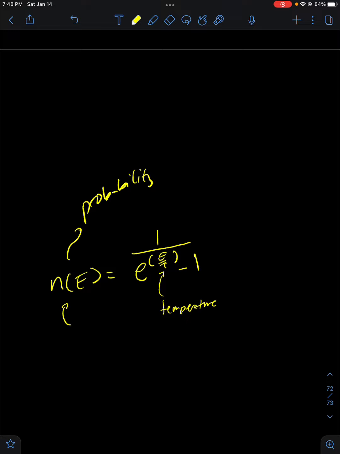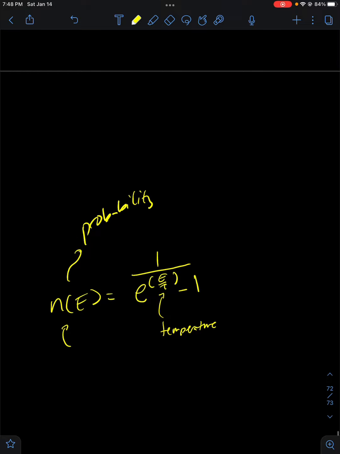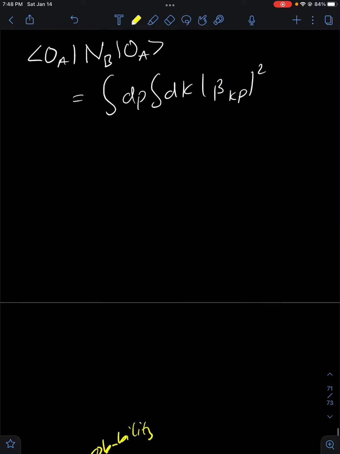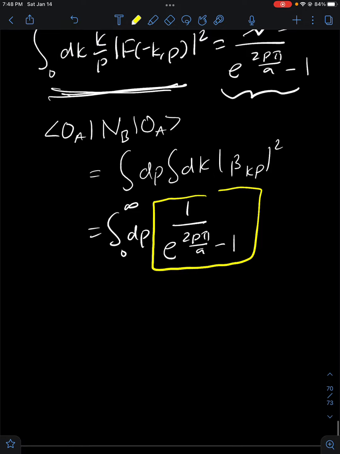I made a video on the black body radiation. It's the first video in my quantum mechanics series, so I recommend checking that out. But the basic idea here is that this formula describes black body radiation, where T is the black body temperature. And again, N of E is a probability that some particle will have some energy, or the black body will have some energy, really. So this means that it looks a lot like this right over here.